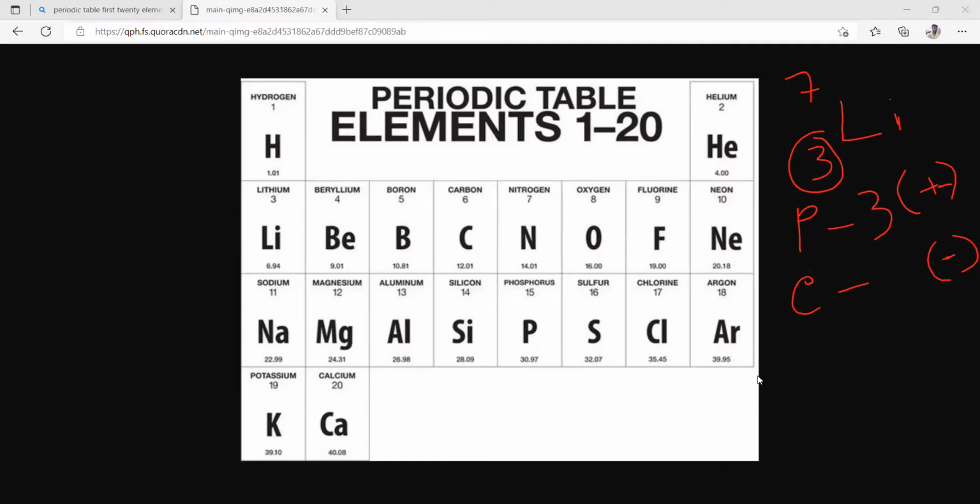Right. The point is, atoms are always neutral. In a neutral atom, the number of electrons is equal to the number of protons. Now you tell me how many electrons are there?